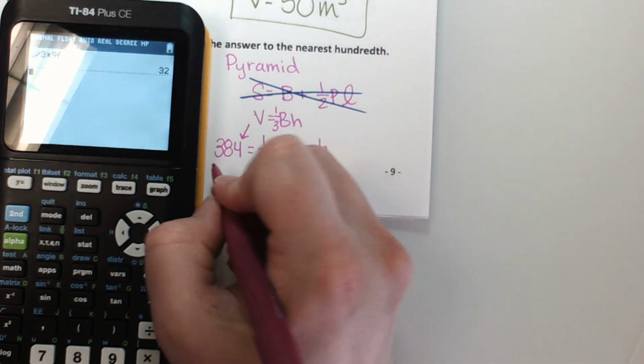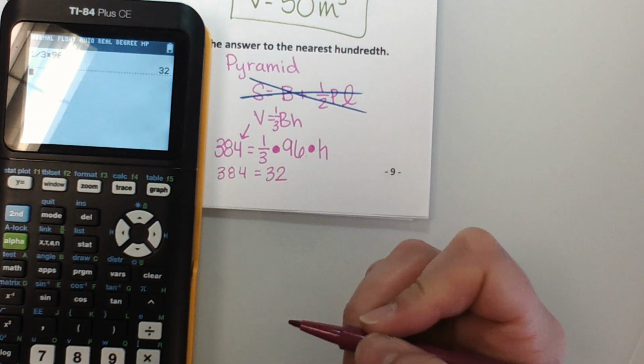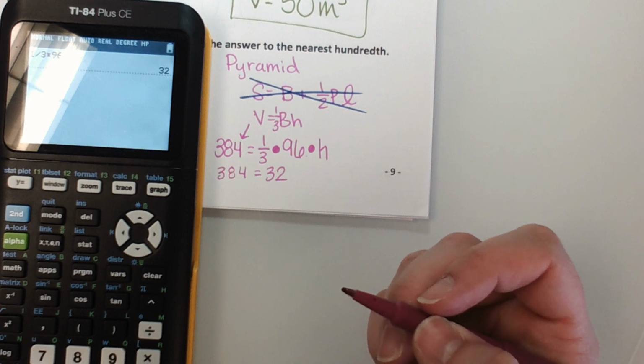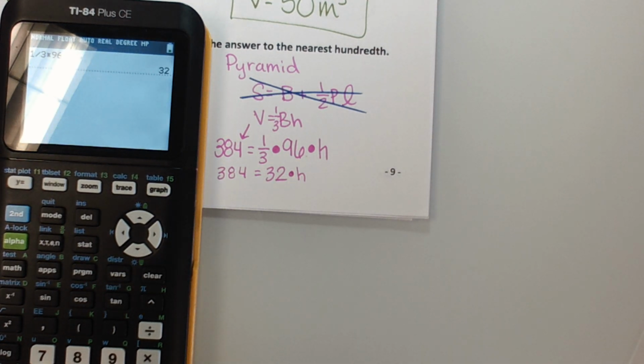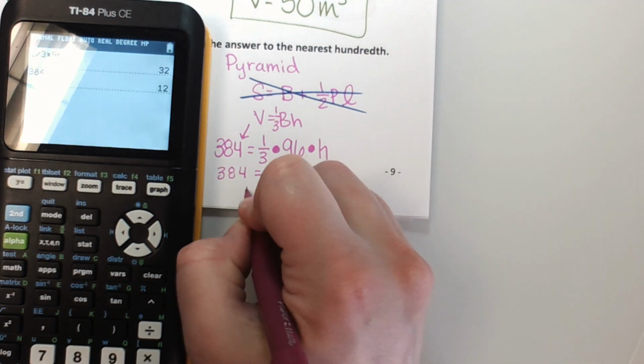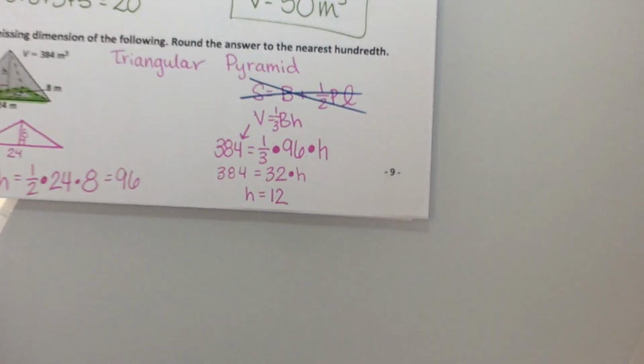It is indeed 32. 384 is equal to 32 times H. Is it times H or plus H? It is times H. I ask that because one of the common things I'm still seeing a couple people do lately is subtracting the 32. But if it's times, what do we do? Divide. 384 divided by 32 is 12. It is a height, which means its units are regular units.